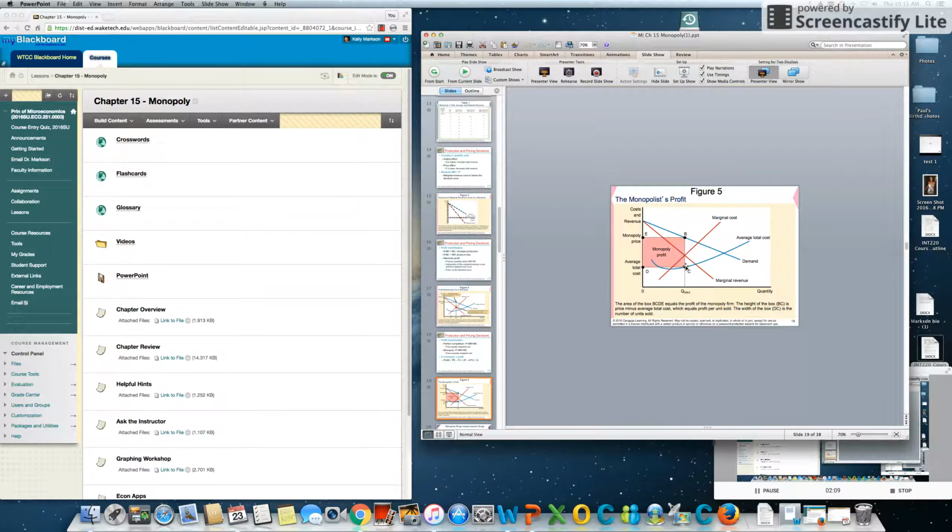But the monopoly profit is basically the area between the average total cost and up to the price. So it's the area above average total cost to the demand curve. The base of this box is the output, and the height is the difference between the monopoly price and the average total cost. So hopefully that helps a little bit.